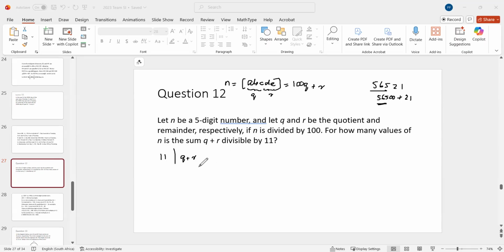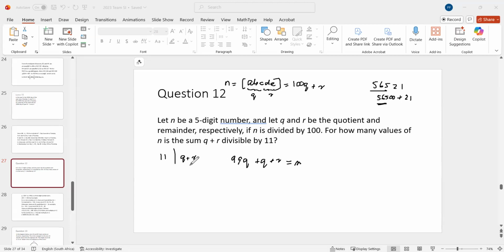Well, you have to add 99Q. So let me add 99Q, plus Q plus R. That is your 100Q plus R. This is equal to your n.